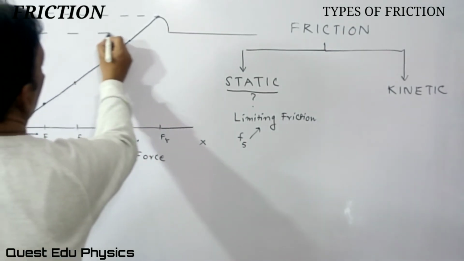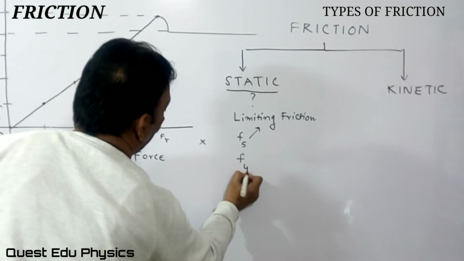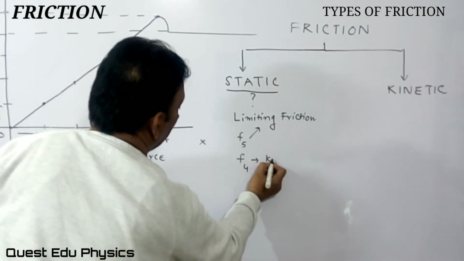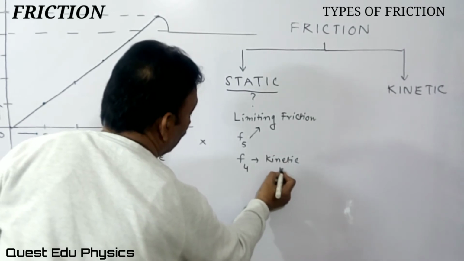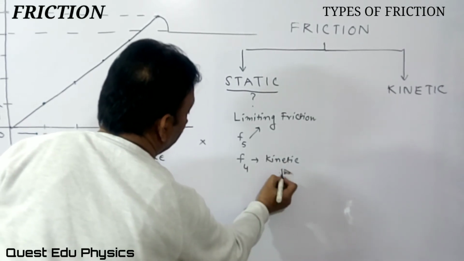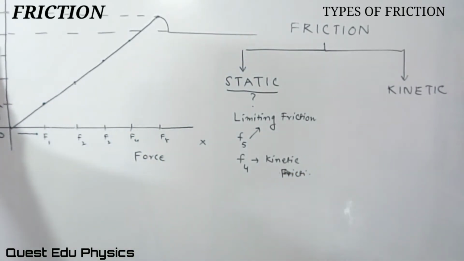Then the body tends to move. That is, F4 is the kinetic friction, students. If you watch it clearly, you will find here F4 is the kinetic friction. If you watch it carefully, you will find Fl is greater than F4.